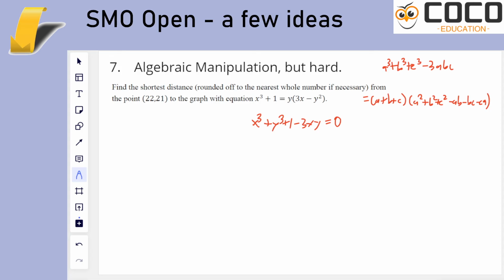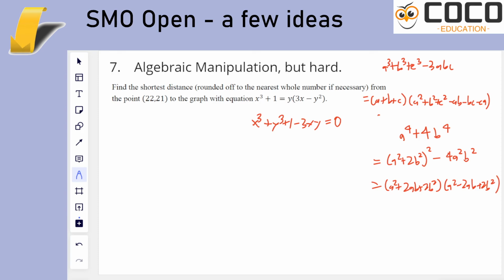Another example will be the Sophie-Germain identity, which is that you can factorize a to the 4 plus 4b to the 4 if you use a bit of a clever-ish completing the square approach. Don't need that for this question, but I just wanted to mention that sometimes if you're reading solutions in an SMO book, those are just identities.